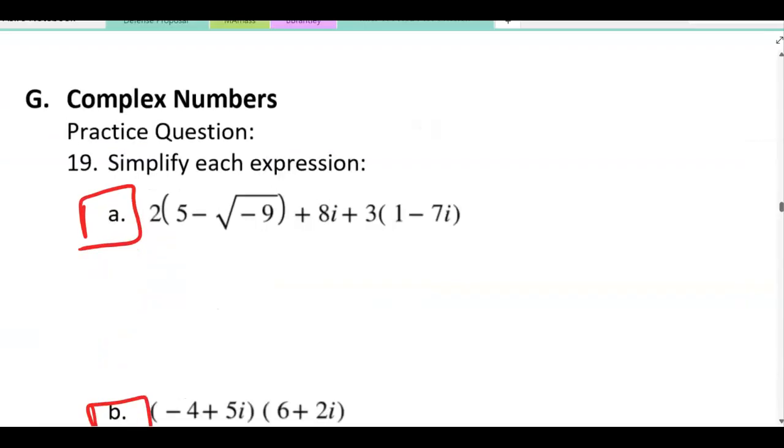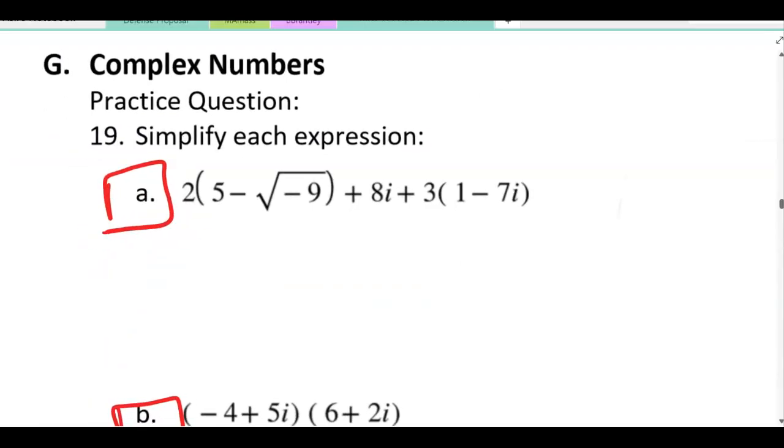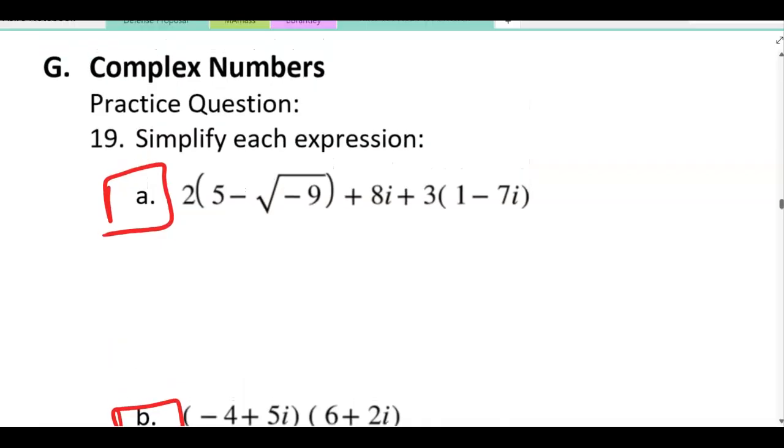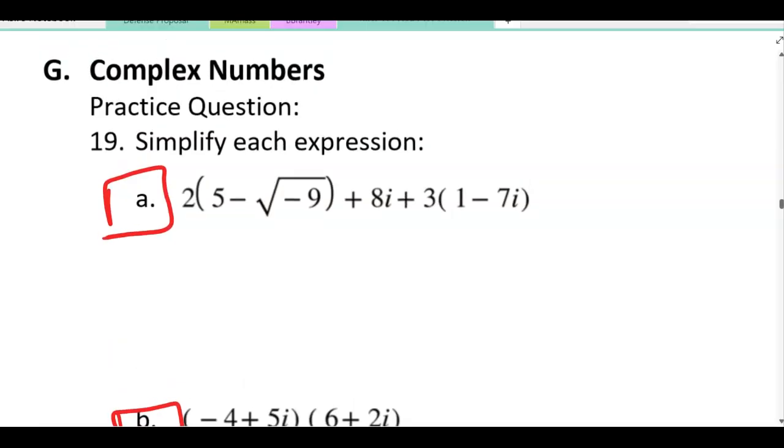Okay, so this is a question with operations with complex numbers, and let's do both. First of all, write negative square root of 9 is equal to -3i.